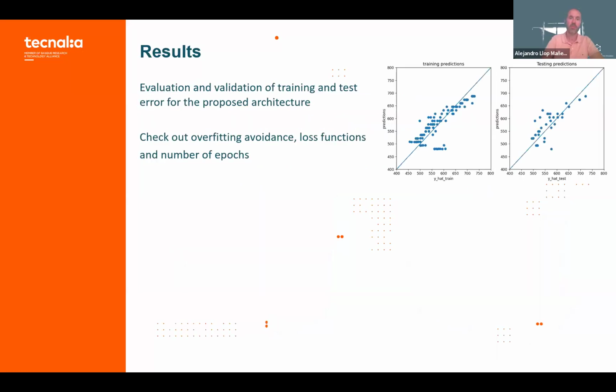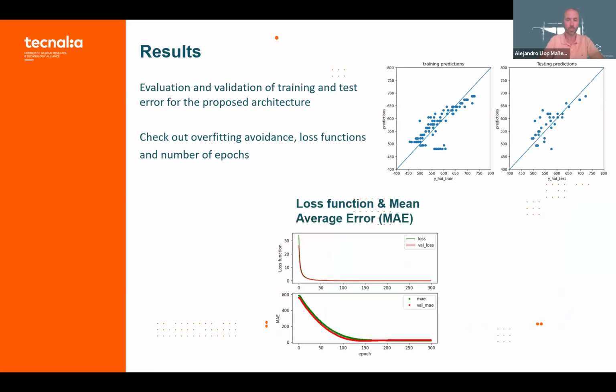Okay, more specifically, we validate the errors of this methodology for both the training and the test set, and we ensure that the hyperparameters chosen in this solution are selected properly for the training of the neural network. Apart from that, we've got no overfitting nor underfitting.